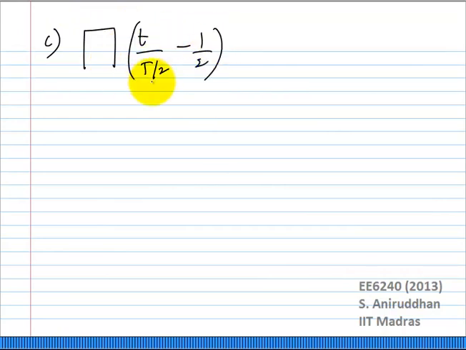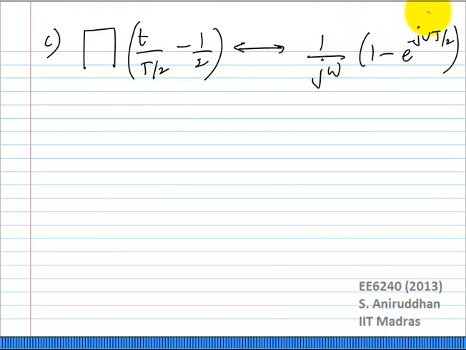And this pulse from 0 to T LO by 2, when you go to the frequency domain, is the sinc function. I'll write it in terms of the exponential: 1 minus e power minus j omega T LO by 2, by j omega.